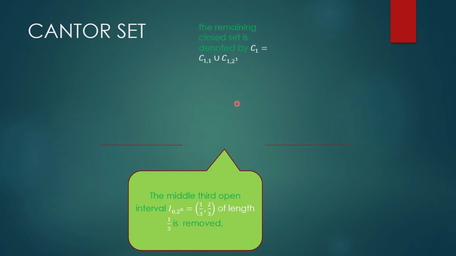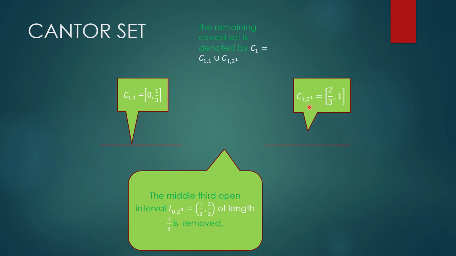The remaining set is a closed set, and it is denoted by C1. It is the union of C11, that is the closed interval [0, 1/3], and C12, that is the closed interval [2/3, 1].